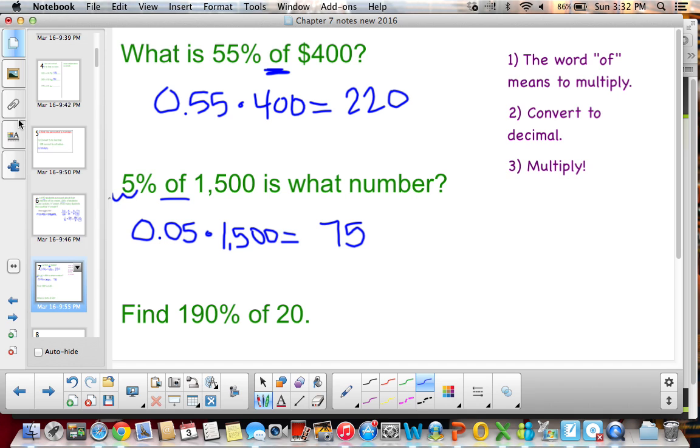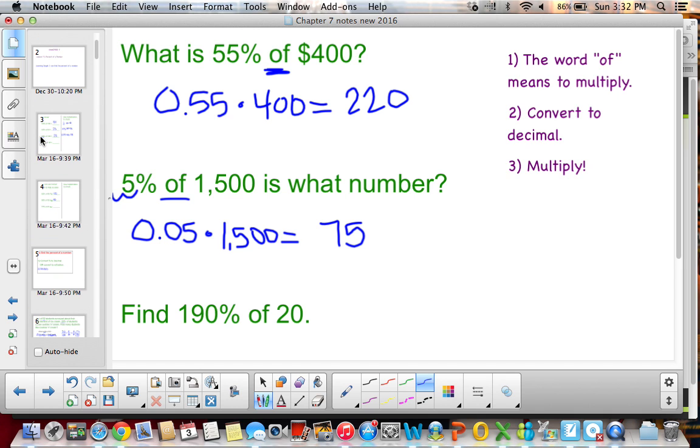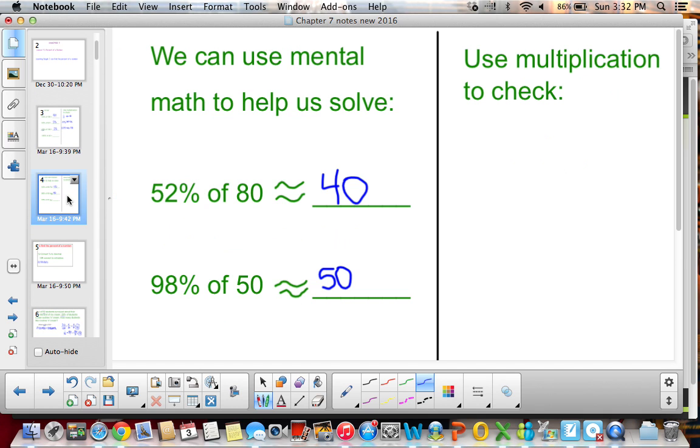Now going back to that slide, when we figured out, we just kind of did this in our head and we knew that 52% was close to 50%, so our answer has to be close to 50%.